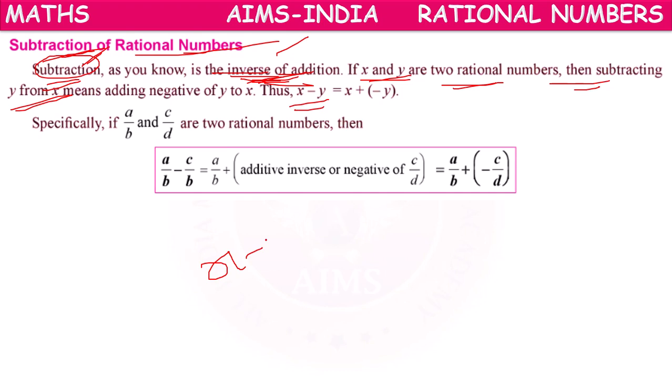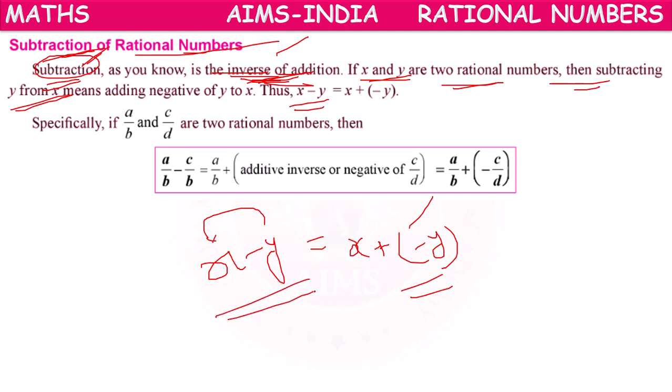Indirectly, x minus y means x plus of minus y, that is, adding the inverse of y to x is called subtraction of y from x. Subtraction of y from x is the same as addition of the inverse of y.